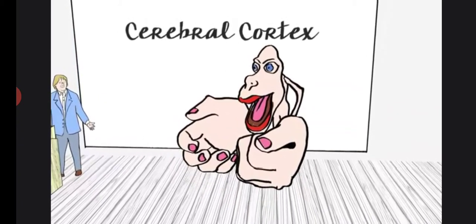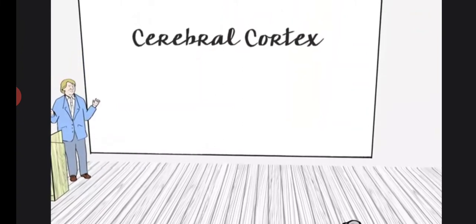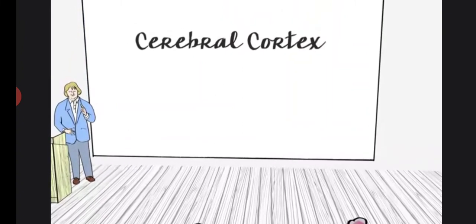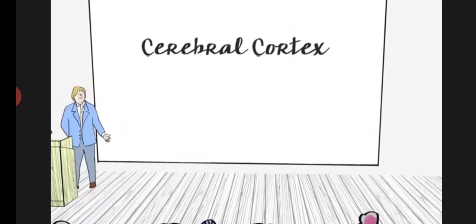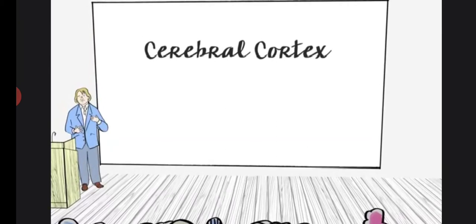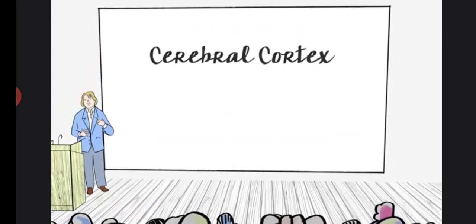There is much more sensation going on in your hand than in your whole back, even though the back is physically larger. So part of the cortex is these projection areas, but less than a quarter of the cortex contains projection areas.